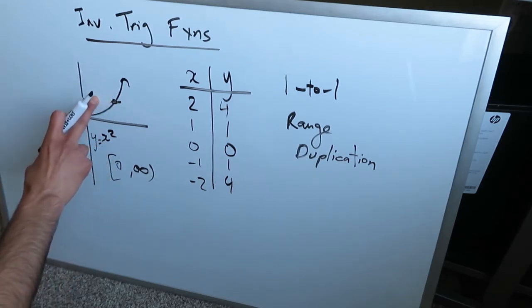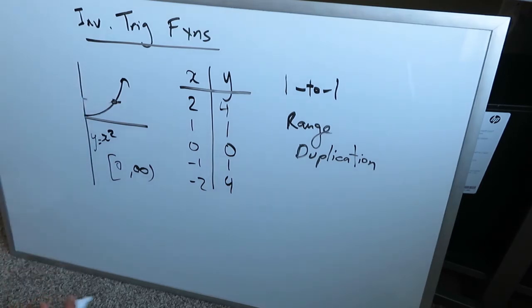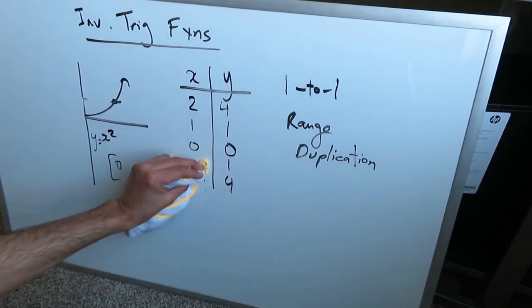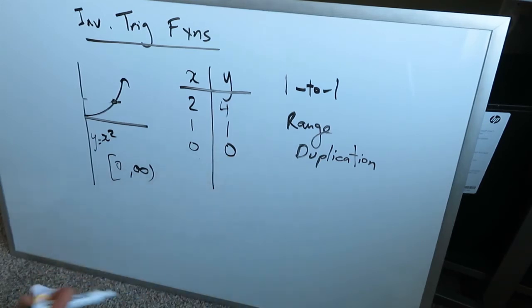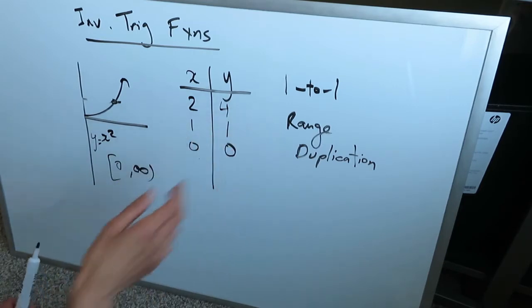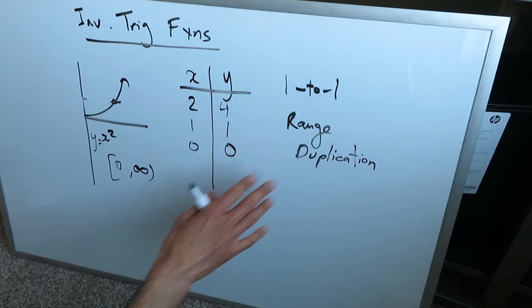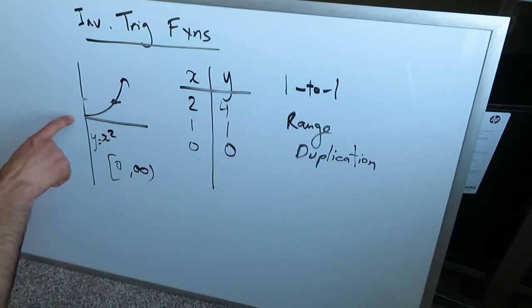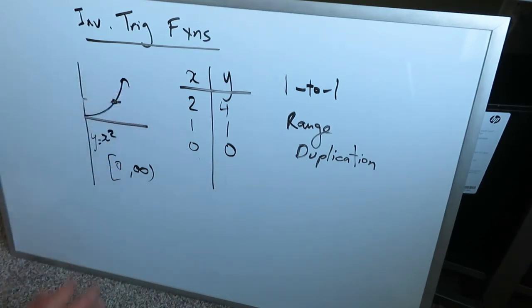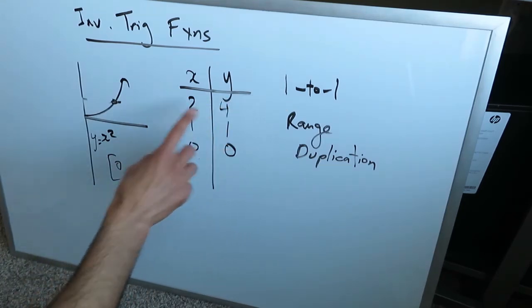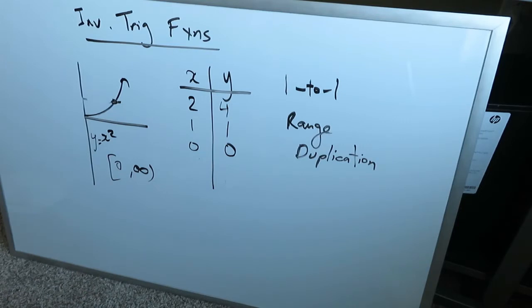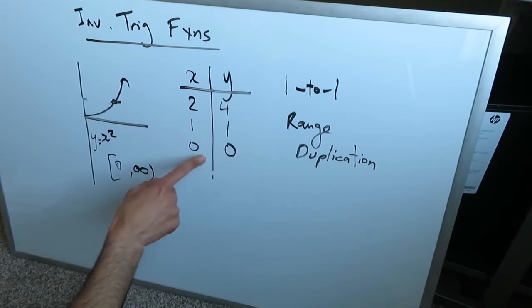It becomes just a single-sided parabola, and by doing that we've eliminated these negative values over here, and if we keep proceeding in the direction of positive infinity, you'll never have range duplication. For each specific x value you'll have a specific range value, therefore you will not duplicate your range. And you could have done this on the minus side only and eliminated the positive side values, but again, with this domain restriction, we've committed our original function such that you can have one-to-one and you can do an inverse calculation.